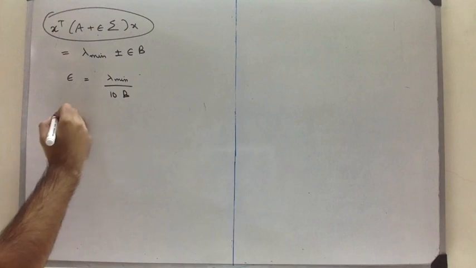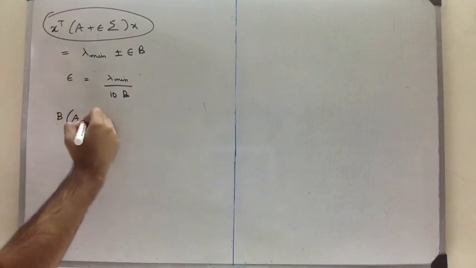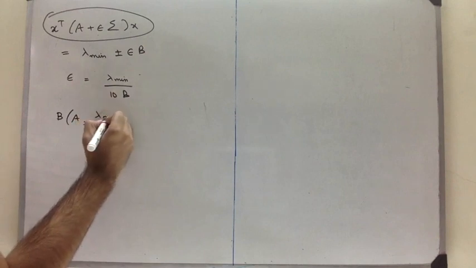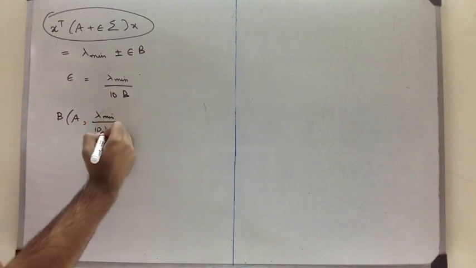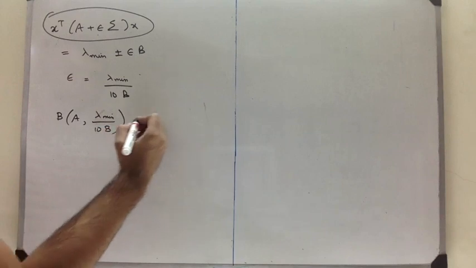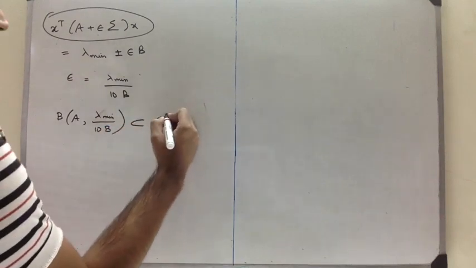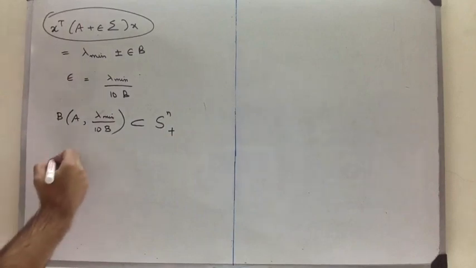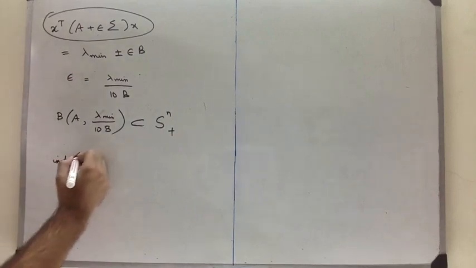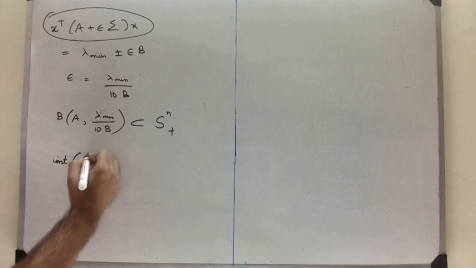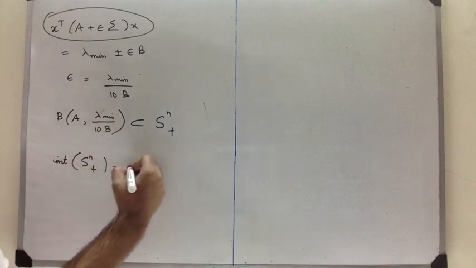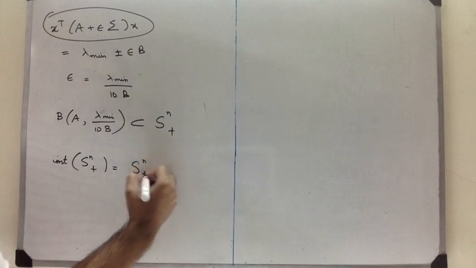So the ball of radius lambda min by 10M around A must be contained in Sn plus. We have just shown that the interior of Sn plus is nothing but Sn plus plus.